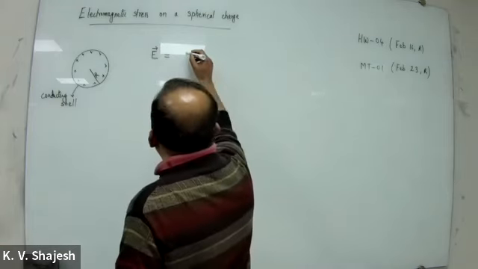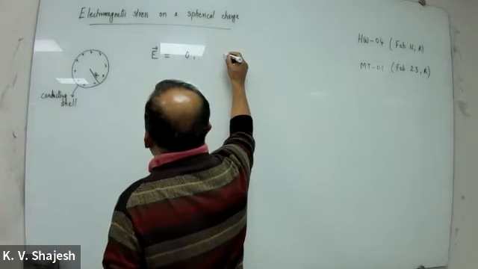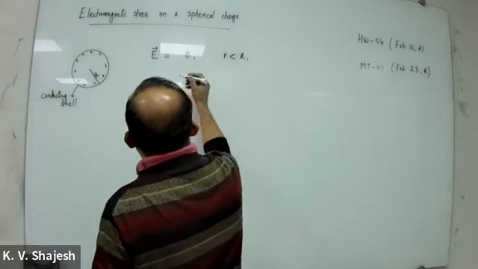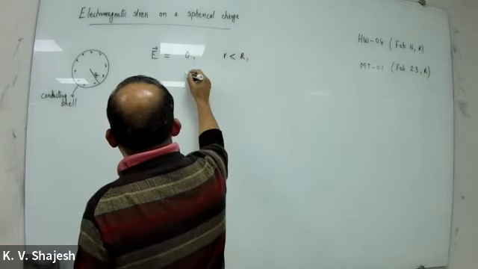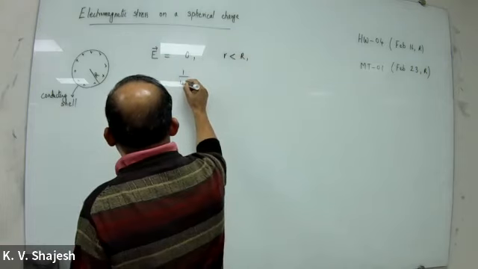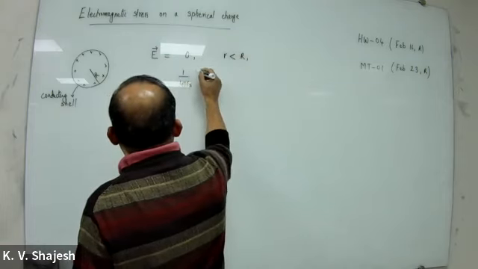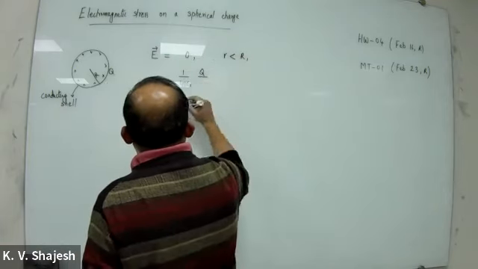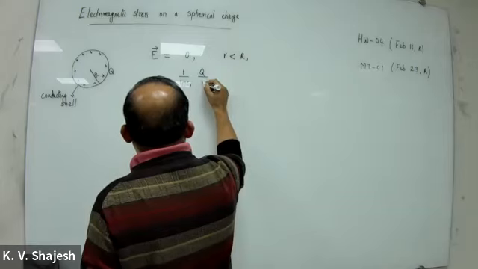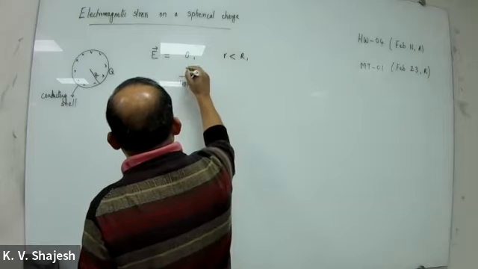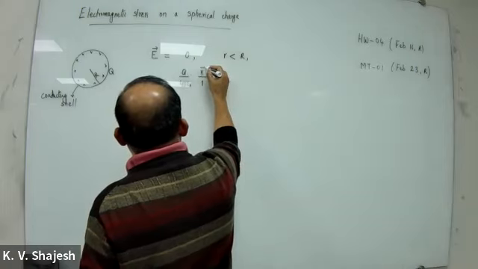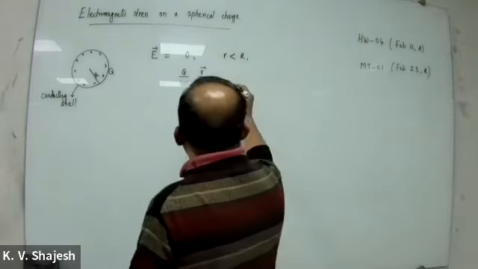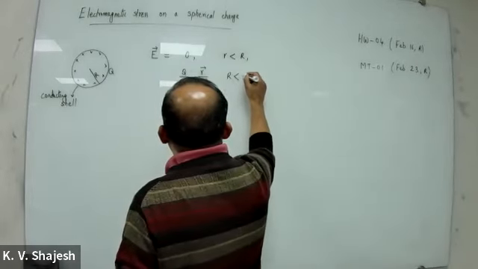So let the observation point be r less than R, and outside is 1 over 4 pi epsilon naught q, the charge q distributed on it, over r squared. Let me write that as q over 4 pi epsilon naught, r over r cubed. It's r hat over r squared, it is r over r cubed if we are outside.